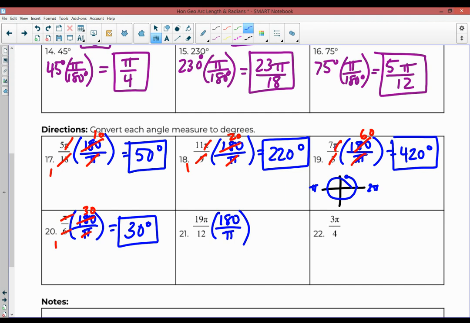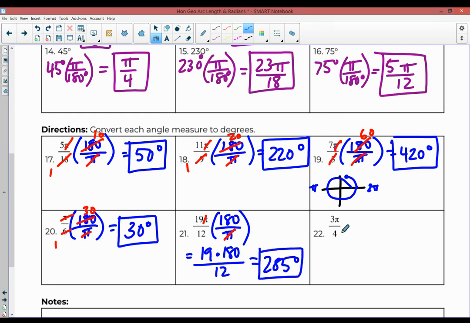All right. This one, not going to reduce in my head. I'll just multiply. So that would be 19 times 180 divided by 12. That's 285 degrees.